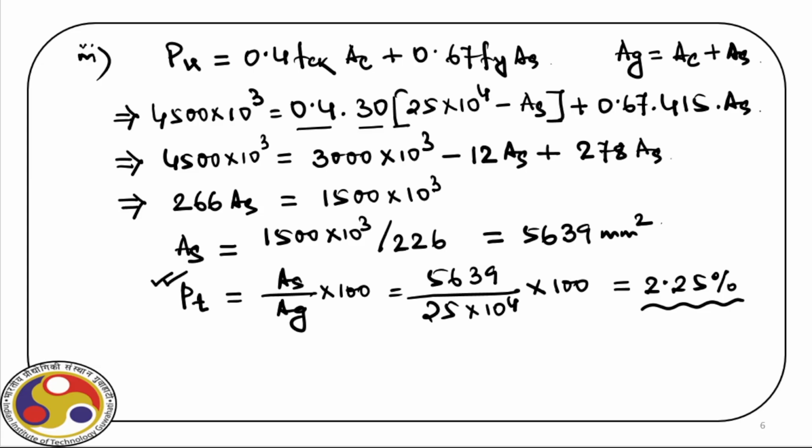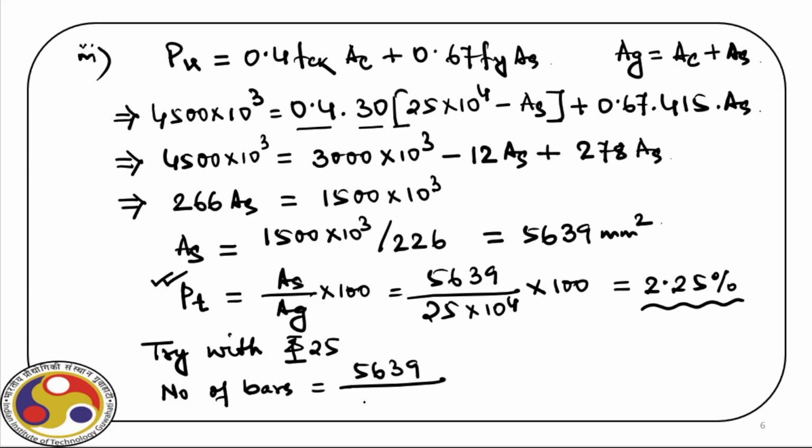We can now design the bar. So let us try with phi 25, that is 25 millimeter diameter bar, which is again more than the minimum requirement, and the number of bars is equal to 5639 divided by pi by 4 times 25 square.